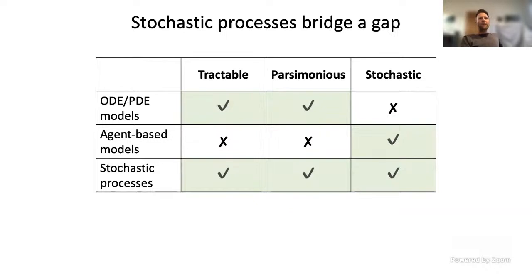So why did we choose to do this using stochastic processes? Well, in a lot of mathematical oncology research, particularly in looking at cancer evolution, there are a lot of models based on ordinary differential equations, abbreviated here as ODE, or partial differential equations, PDE. These models are nice because they're very easy to construct.